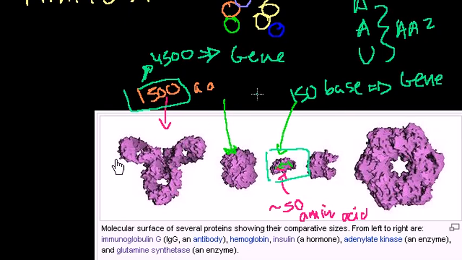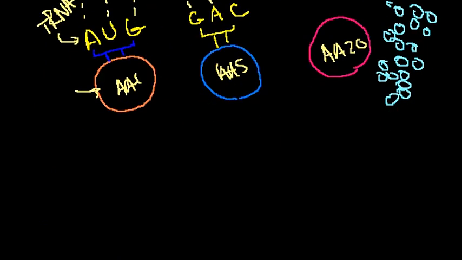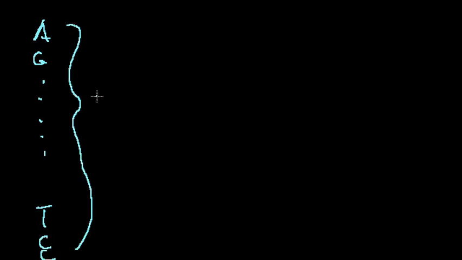Now, not all of the genes make proteins, but all of the proteins are made by genes. So let's say I have a bunch of A, G, and it goes down, and then a T, and then a C, and a C, and let's say I have 4,500 of these. These could code for a protein.